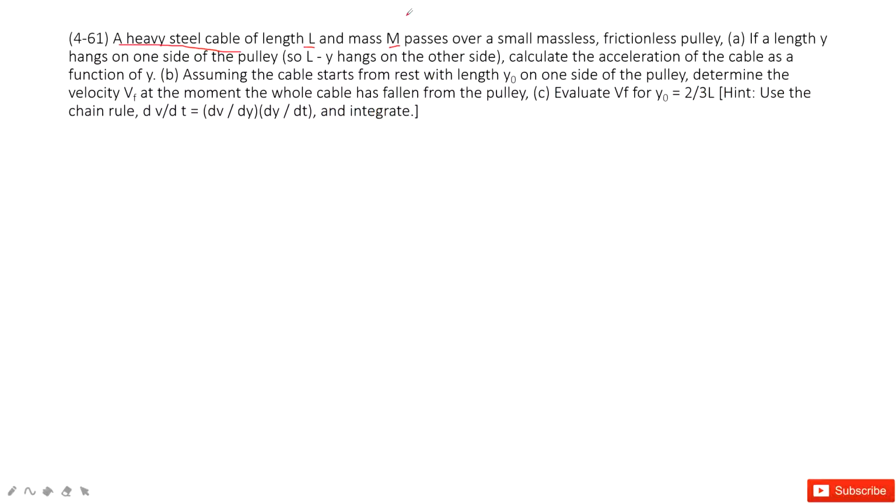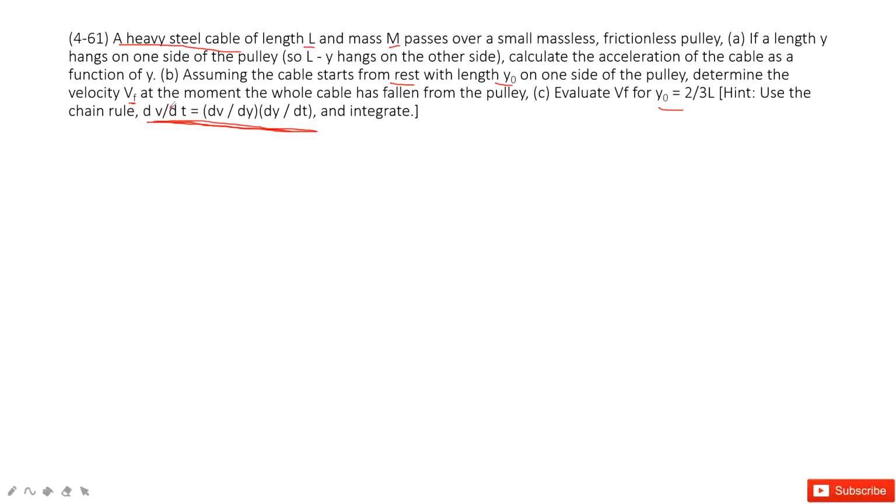The next thing we need to find: we know its initial velocity is 0 and the initial length is y0, and we need to determine its velocity at the moment the whole cable has fallen from the pulley, the final velocity. One hint is so important: the chain rule, and do an integral.